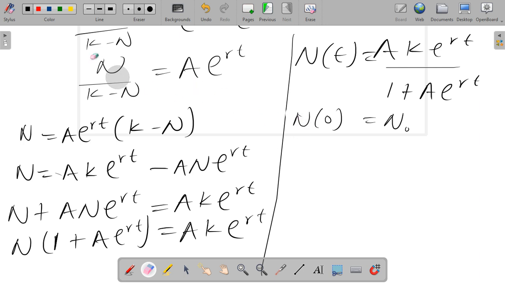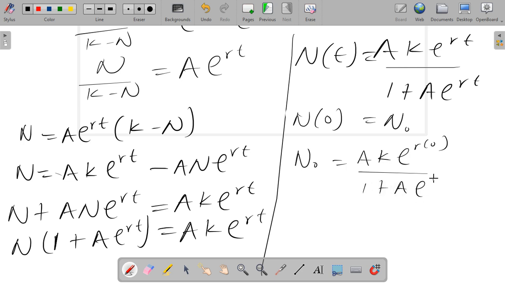I hope I'm not fast. Please, if I'm fast, you can rewind it. I'm sorry about that. So you have n naught is equal to, anywhere we see t, we put 0. So we have AK exponential r into 0 all over 1 plus A exponential r into 0.